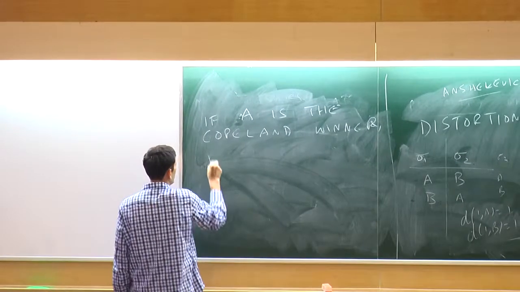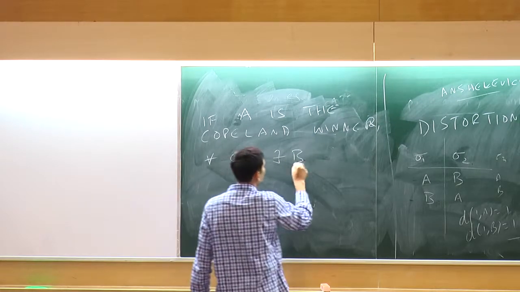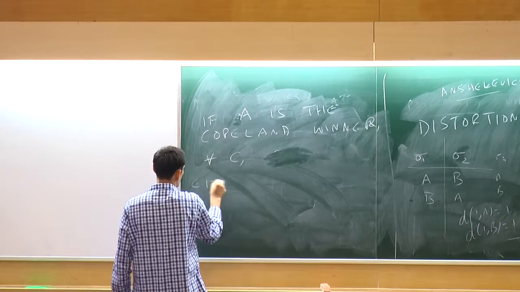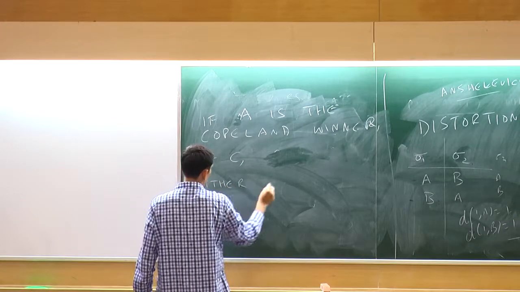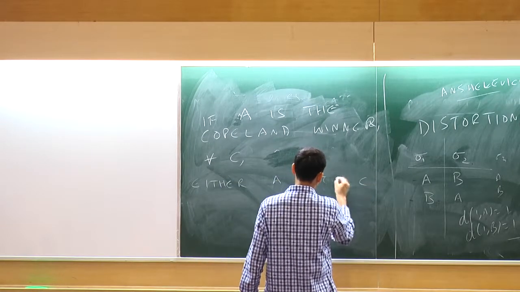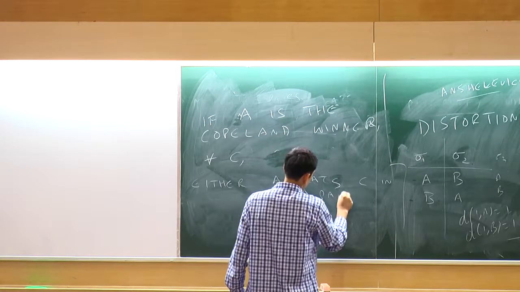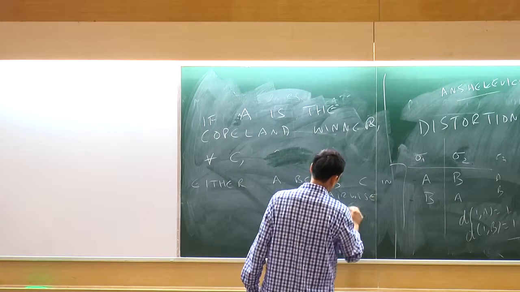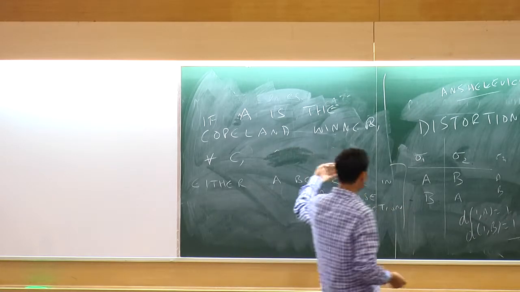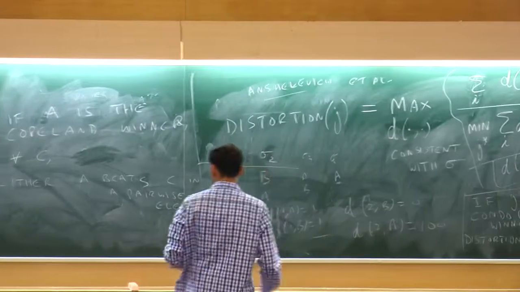If A is the Copeland winner, then for all C, either A beats C in a pairwise election, and by the argument that we just had, that means that if you put A in the numerator and C in the denominator, the distortion would be at most 3.